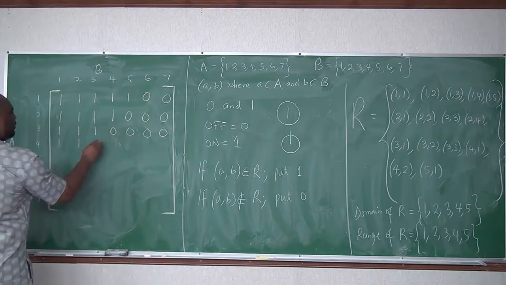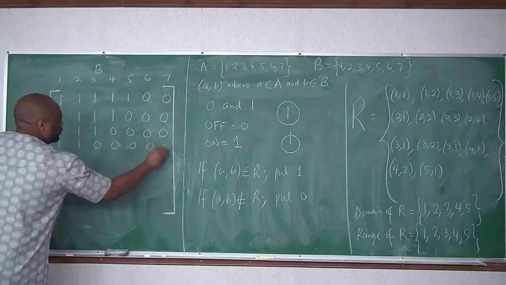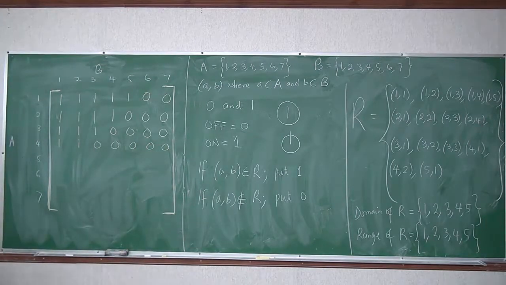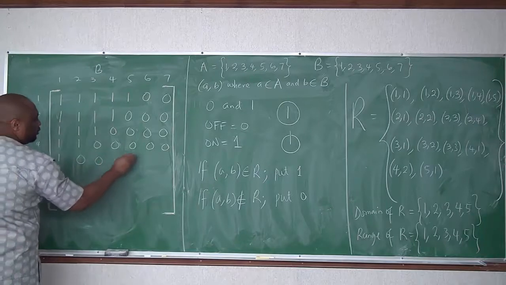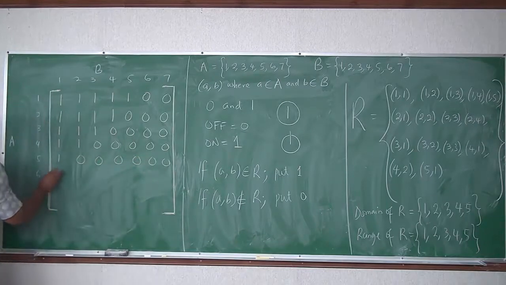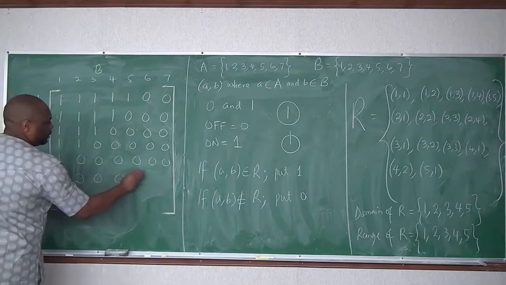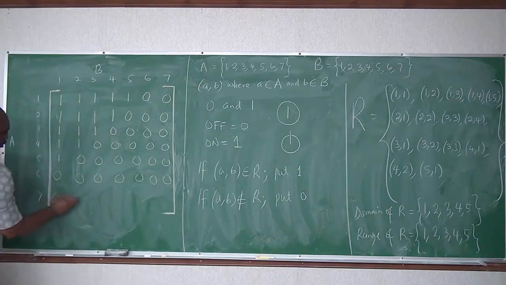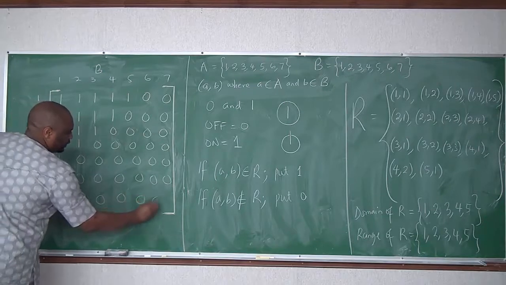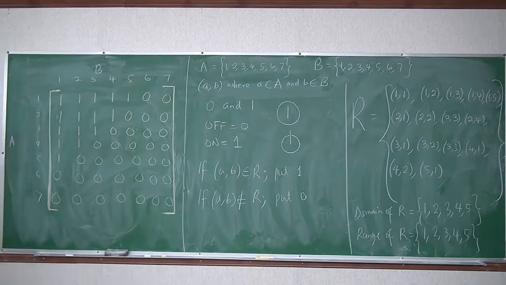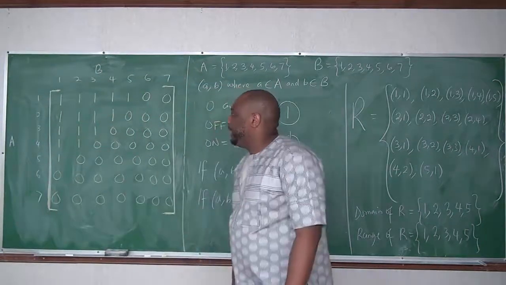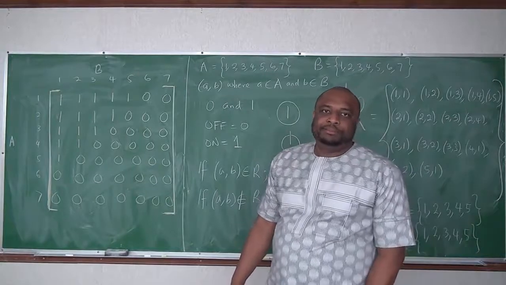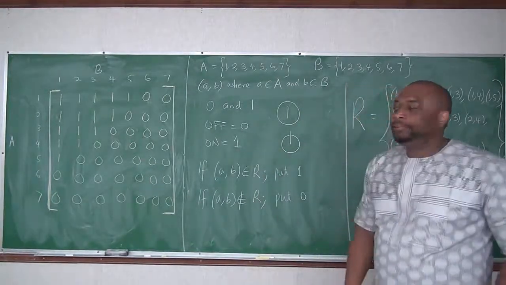And then the rest here becomes 0. (5, 1) is in the relation, we put 1, and the rest becomes 0. And that is your matrix representation of the relation R.